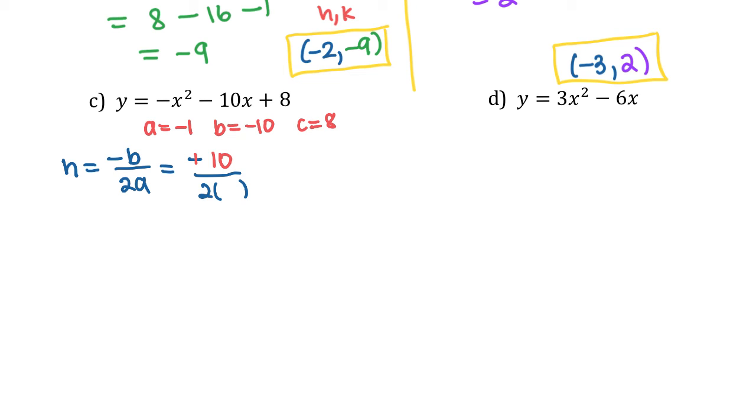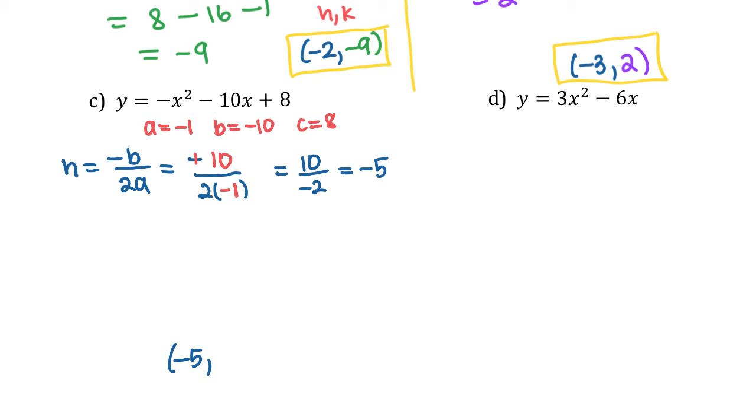It's supposed to be negative, but because the b is also negative, they cancel to a positive. Okay, now a is -1. Okay, let's evaluate this. 10 divided by -2 is -5. So I already know the x-coordinate of my vertex is -5.